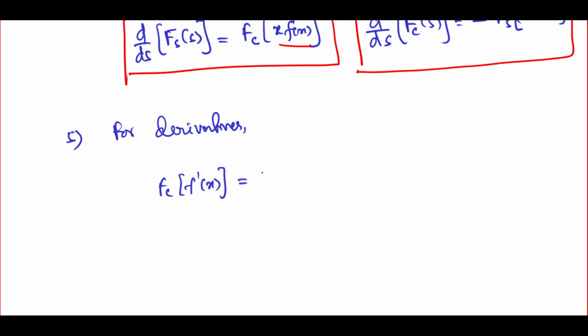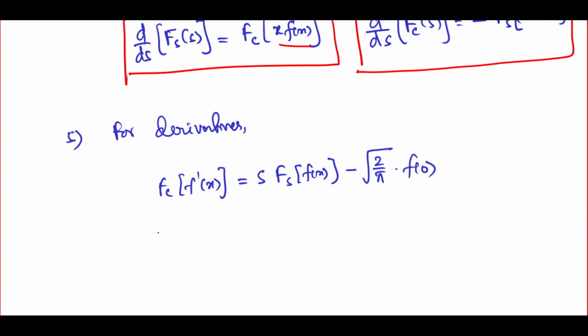If you want to find the Fourier cosine transform of f dash, that is s into Fourier sine transform of f minus square root of 2 by pi times f of 0.